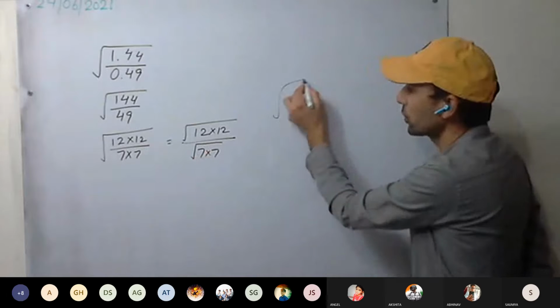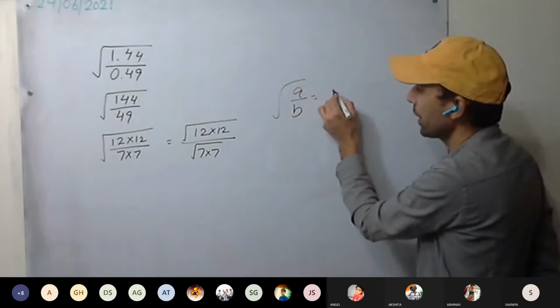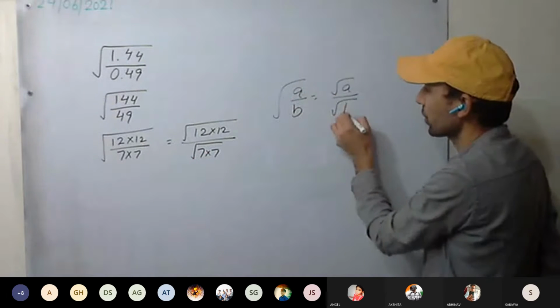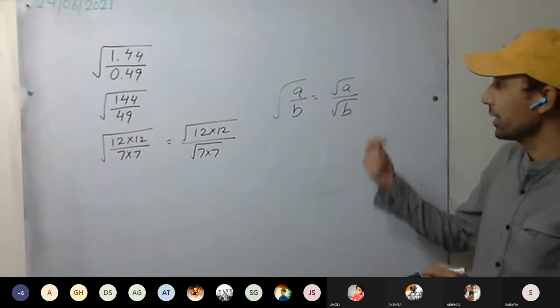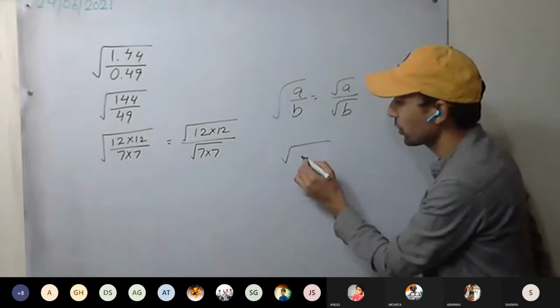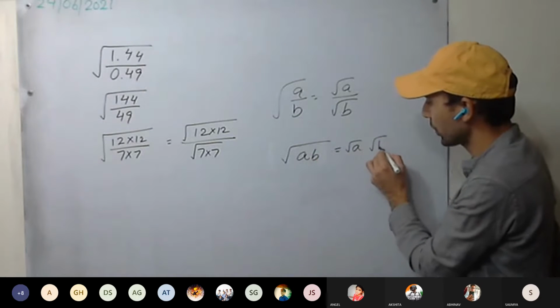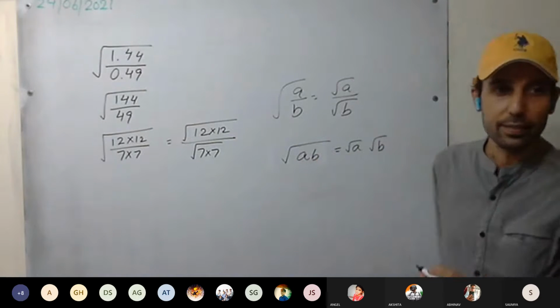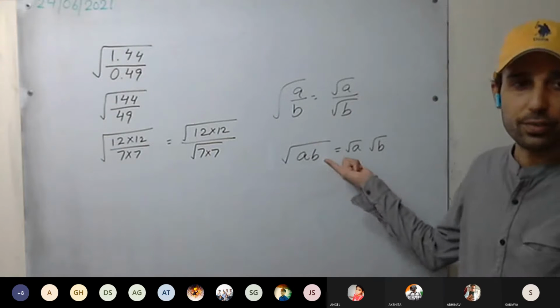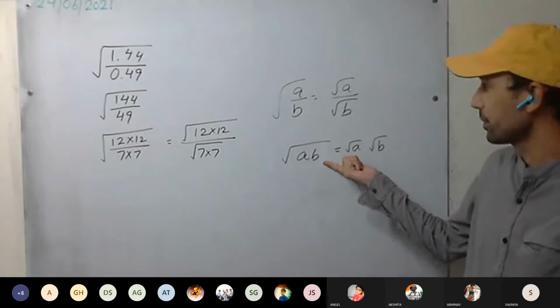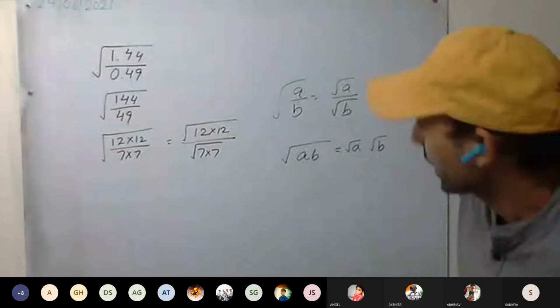Yes or no? Root of a by b is the same as root of a divided by root of b. You can take the root separately. Or root of ab can be written as root of a into root of b. We can do it either way. You know, we have done this in exponents.